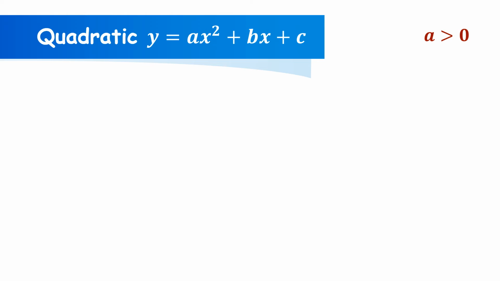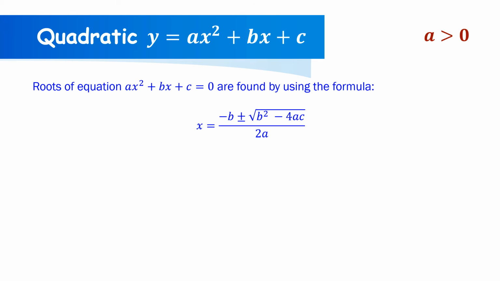Besides the turning points, the other points on the graph which are very important are the roots. These occur where the curve crosses the x-axis. Now the roots of the equation ax squared plus bx plus c equals 0 are found by using the quadratic formula. x equals minus b plus or minus the square root of b squared minus 4ac all over 2a.